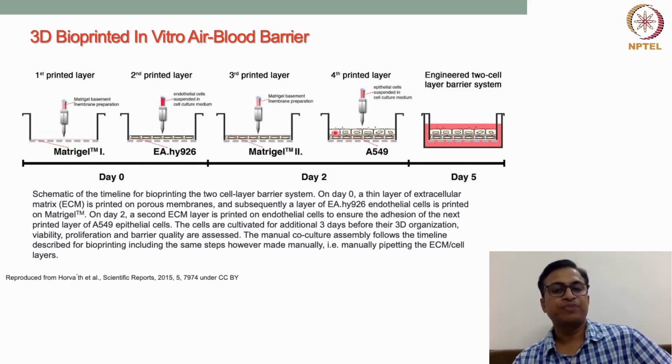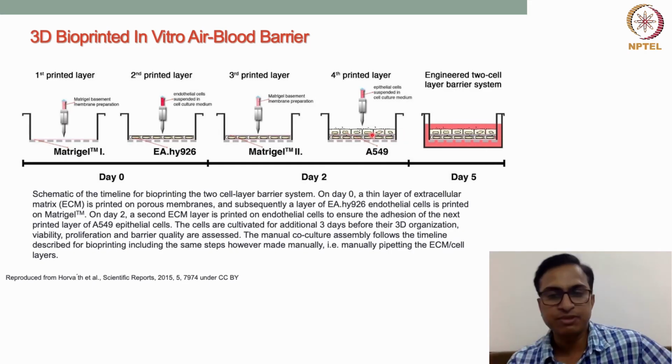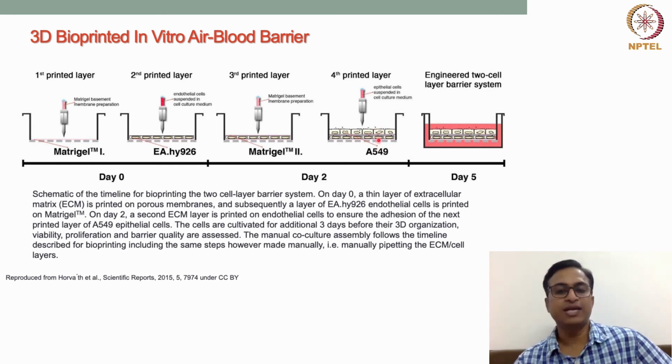We get an epithelial layer and an endothelial layer, two different layers, and in between a layer of matrigel is present. The matrigel acts as a basement membrane, separating these two cell monolayers. So this is the engineered two-layer culture system.